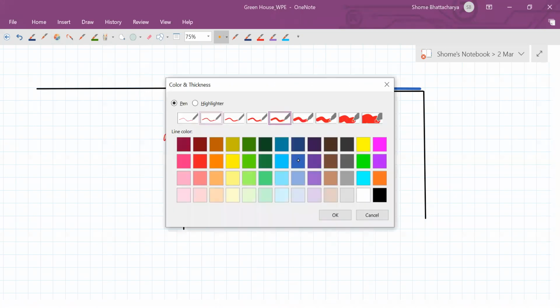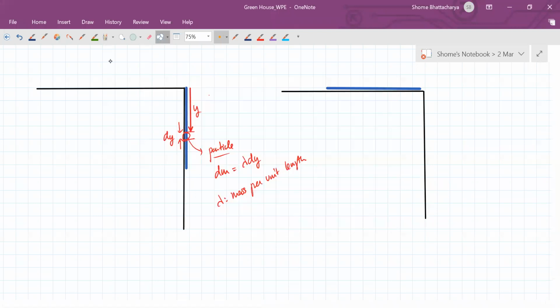So you have the entire chain here. The entire chain has mass m and length l, but this section is of L by 3.